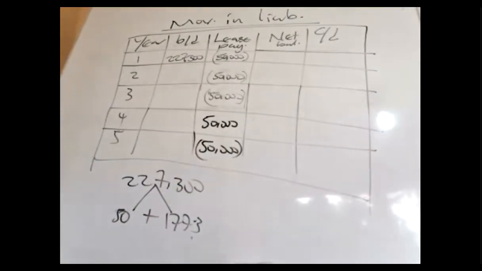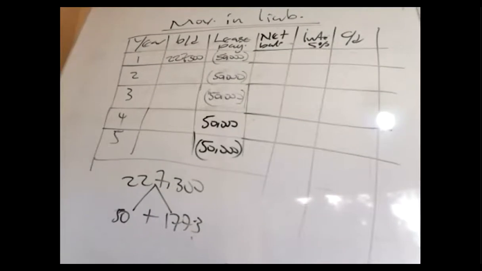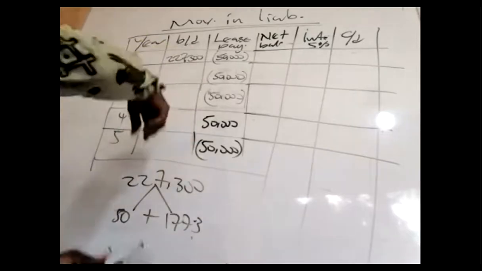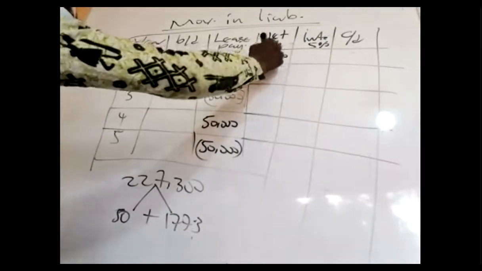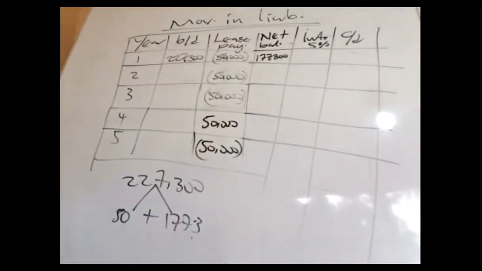Okay, let's see. So first, the lease payment is 50,000. When you take off the net balance, now level 177,300. That becomes the liability immediately after the first payment, 177,300.